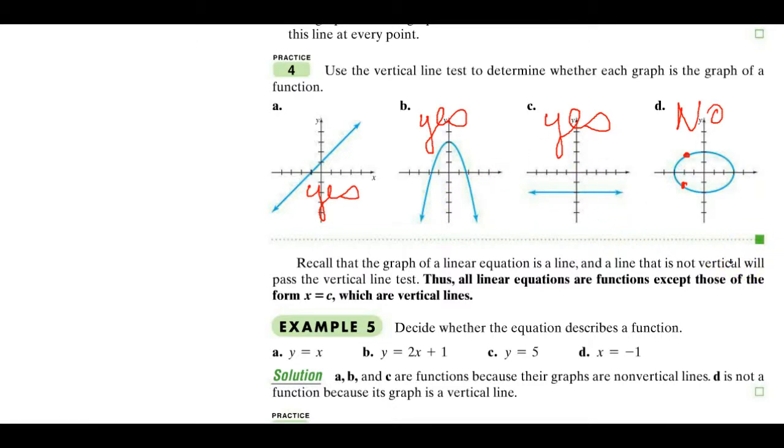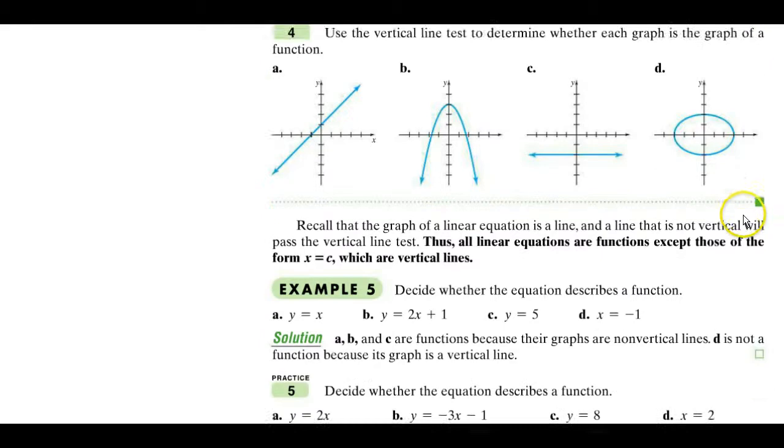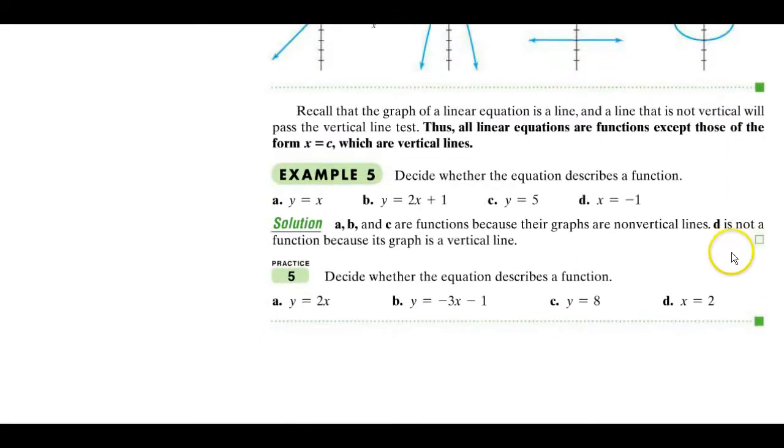Okay, now they're asking us to look at formulas and decide whether they describe a function. Well, if you can kind of imagine the graph of these, let's do the graph of A. That's going to be a line that looks like so, because our slope is 1.